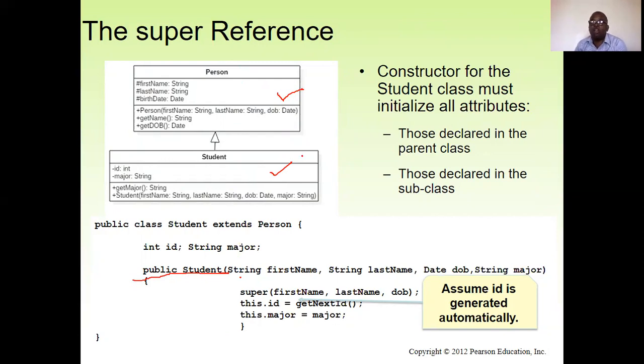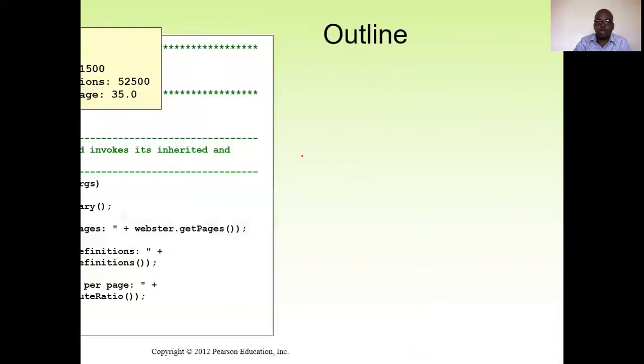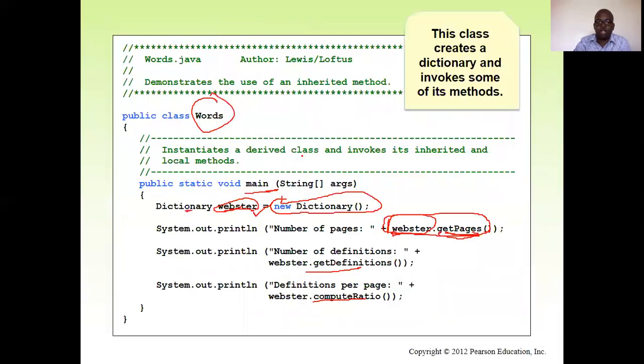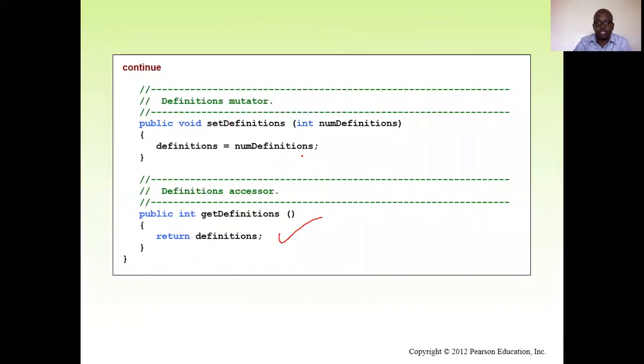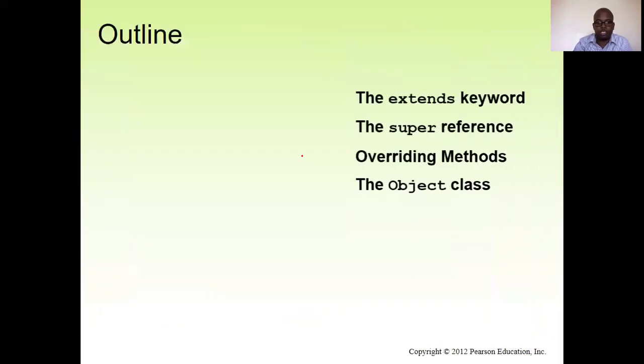Yes? Now, in our implementation before, we did not declare a constructor inside of the book class. Remember that? And therefore, we did not have a situation where we needed to pay attention to that detail. All right, let me just proceed and use this example instead.